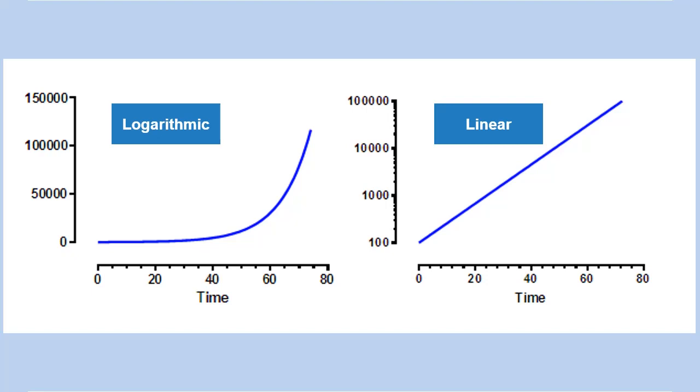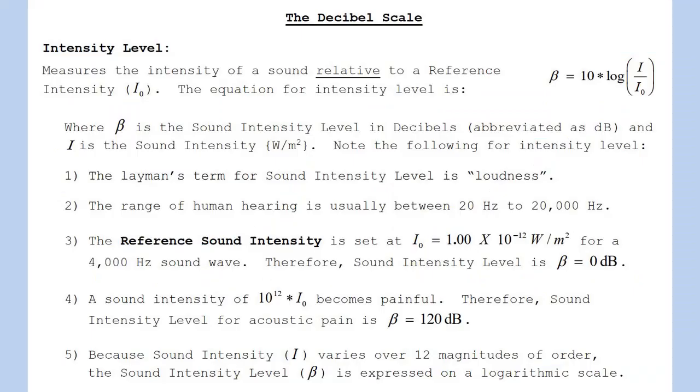It is not a linear function, it is a logarithmic function. What do I mean by that? Well, think of sound intensity as corresponding to the sound's loudness. If I were to double the sound intensity, the loudness does not double. And that is because sound intensity has a logarithmic behavior.